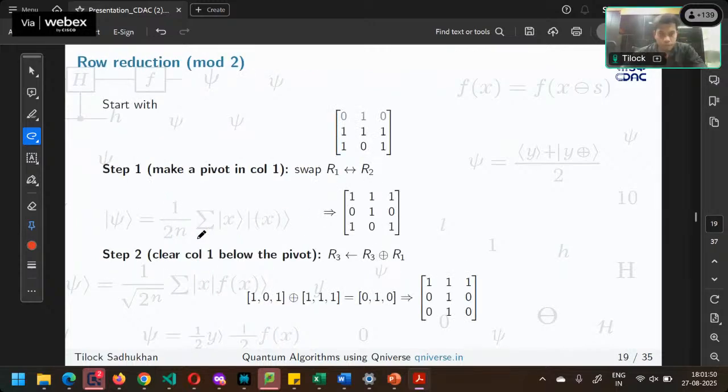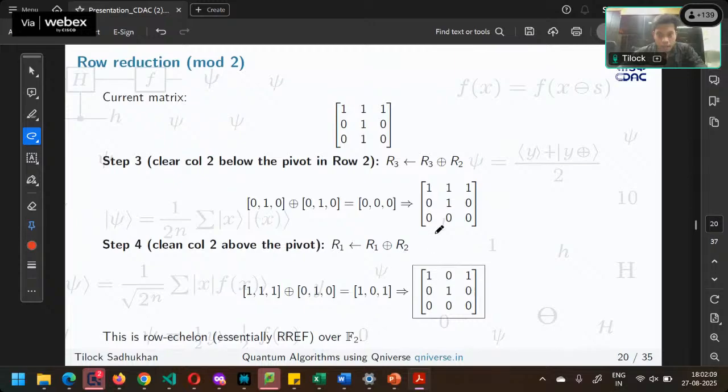Here is how this can be solved. We started off with this matrix, then we swapped r1 and r2, which gives us this. Then we applied r3 bitwise XOR r1, which gives us this matrix form. Then we applied r3 bitwise XOR r2, another operation, and that gives us this.